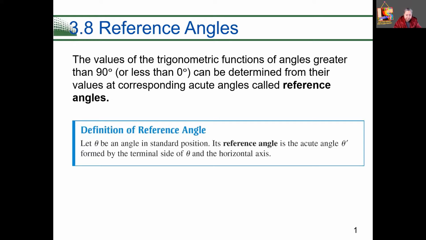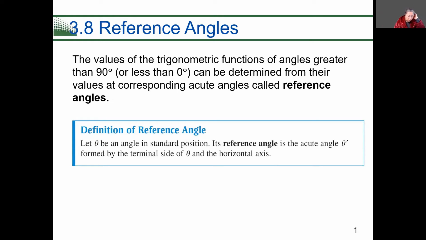And if that is defined as the original angle, then we should be able to find the reference angle of the original angle. So its reference angle is the acute angle. Sometimes it is notated theta dash or theta apostrophe, but the more traditional way is that we call it alpha.